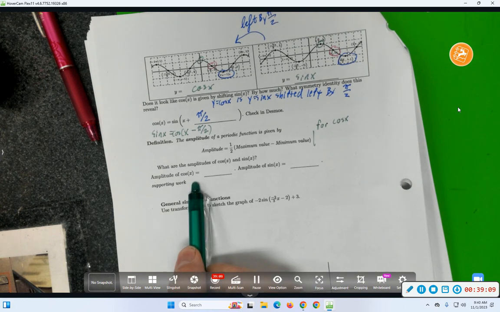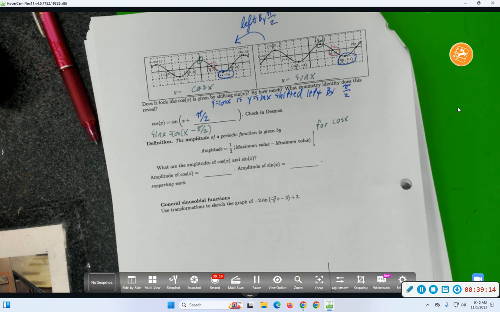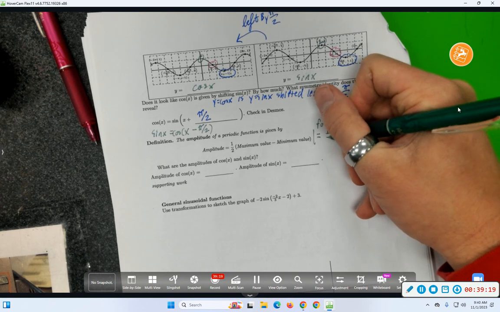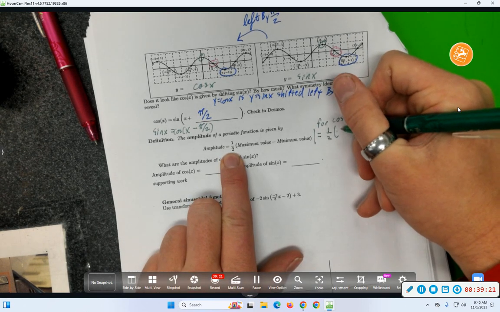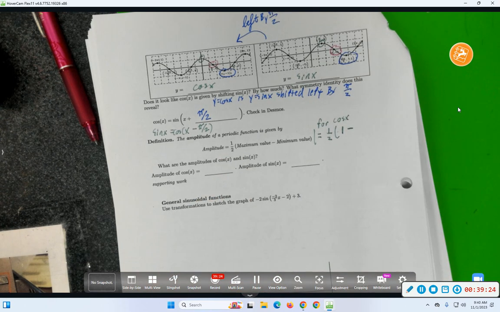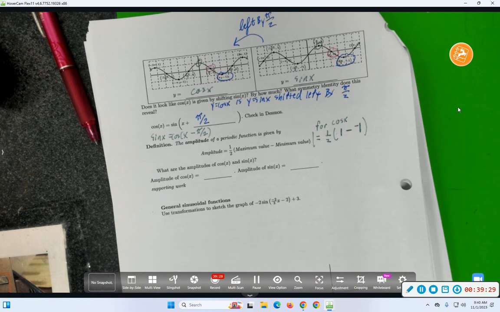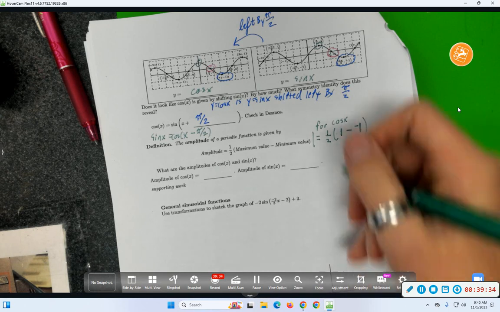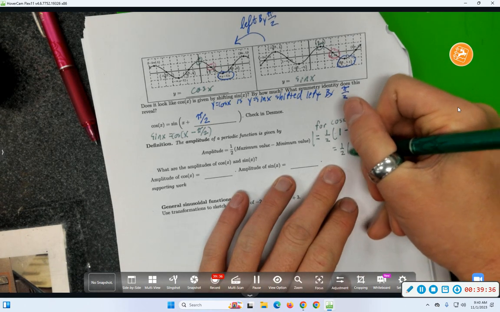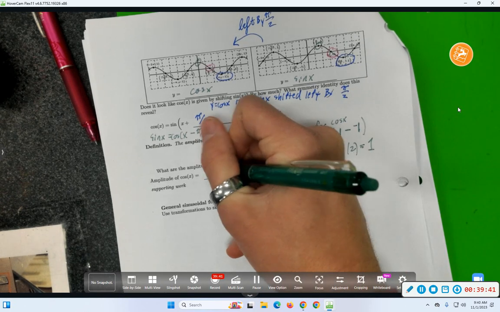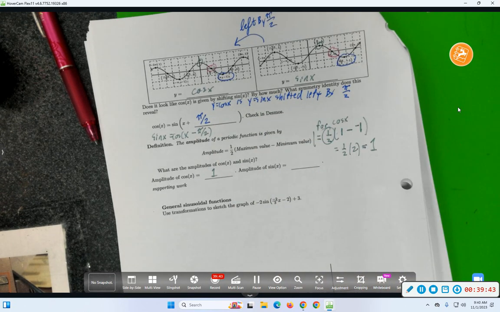What's the maximum value cosine takes? 1. What's the minimum value cosine takes? -1. So what's the amplitude? Almost. It's 1/2 of 2. So the amplitude is 1. A thing to remember when computing amplitude is that there is that 1/2 there.